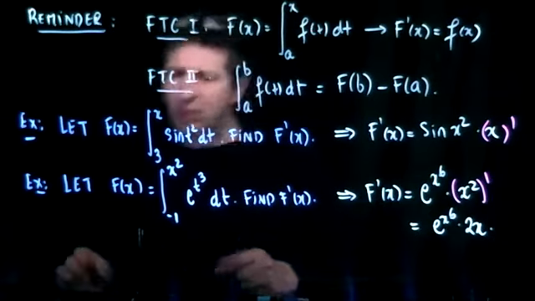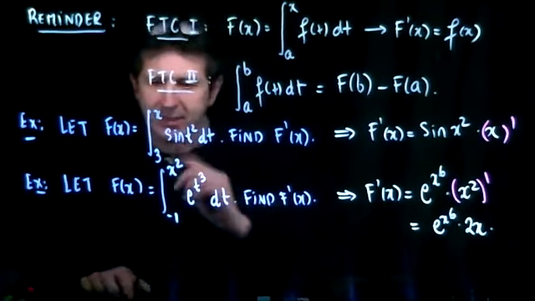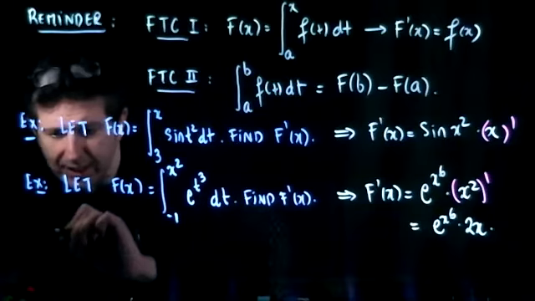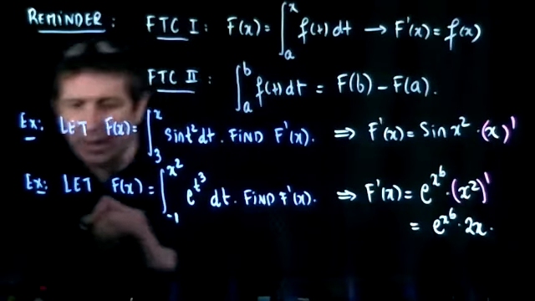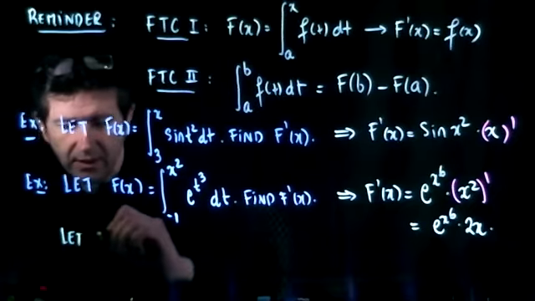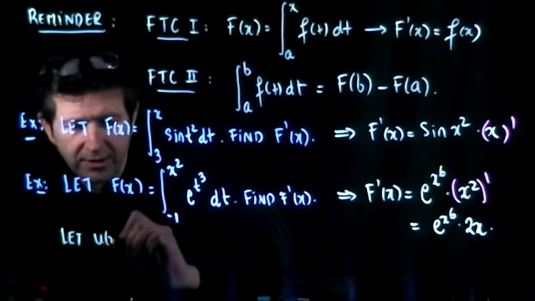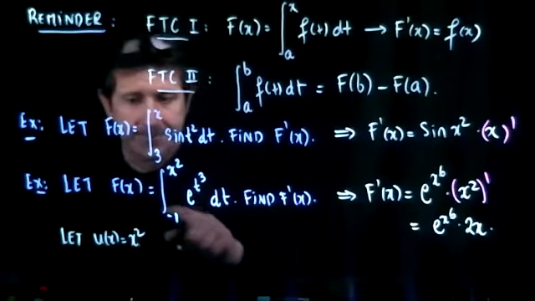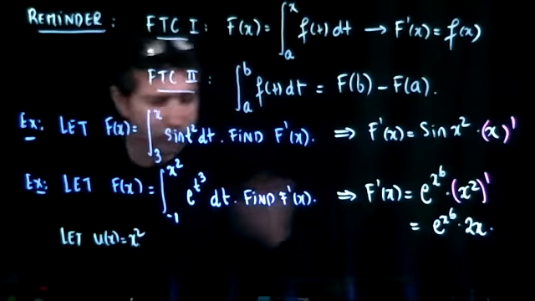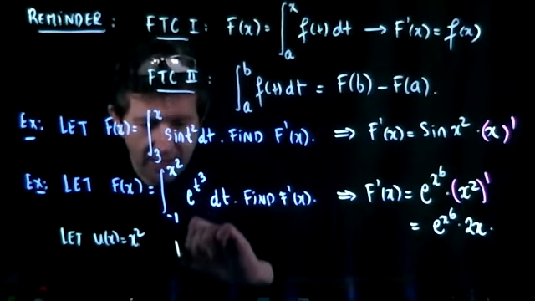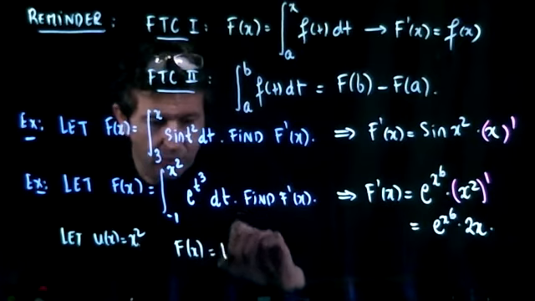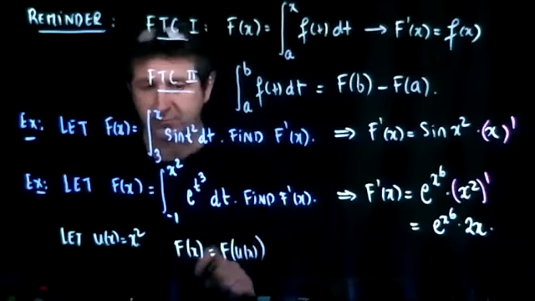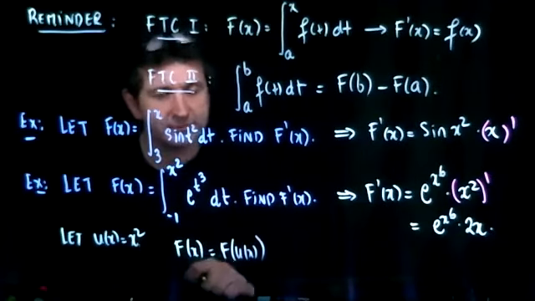Okay, so again, I'll do it step by step. Let's say u of x is equal to x squared. So basically, F of x is equal to F of u of x. That's what we have here.